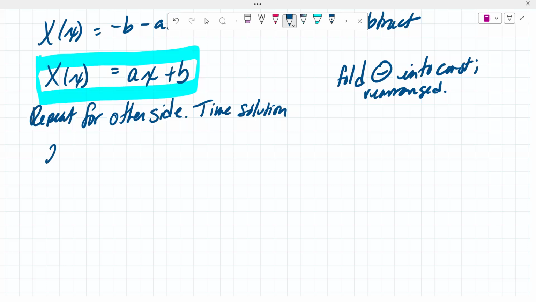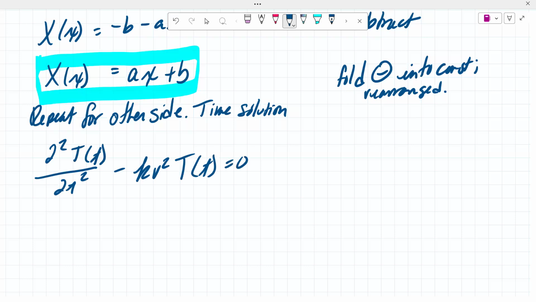So we're going to do d squared T of t over dt squared minus k v squared T of t equals 0. Let's let k be 0.